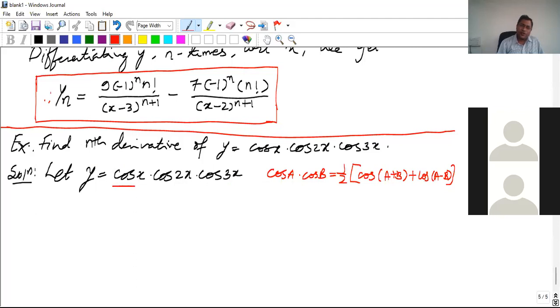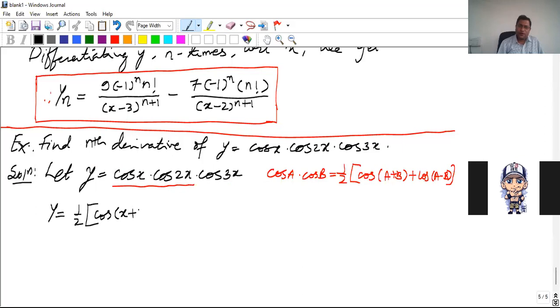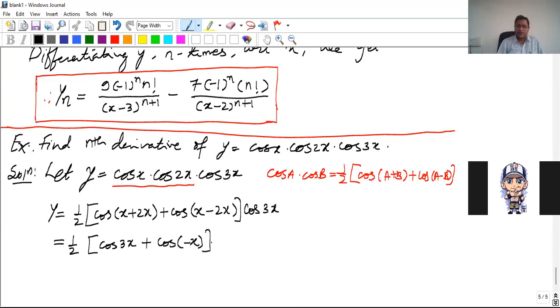Now what we have to do is consider two terms at a time. If we consider these two terms at a time, y is equal to half of cos of x plus 2x plus cos of x minus 2x, and this is cos of 3x. Now simplify this. We have half of cos of 3x plus cos of minus x, and here we have cos of 3x.